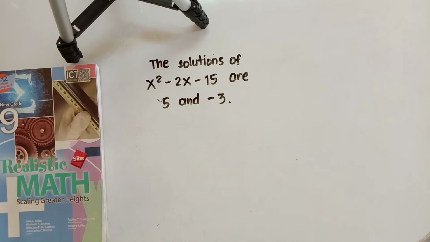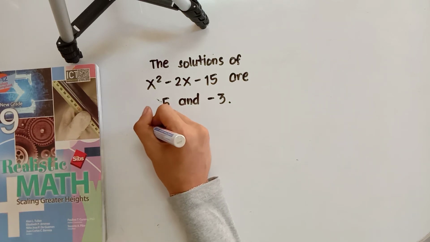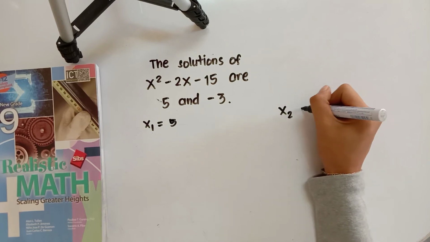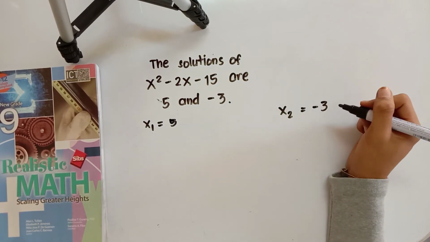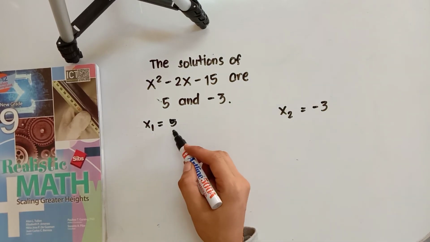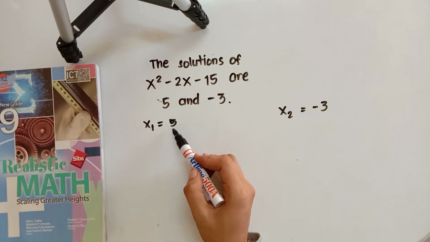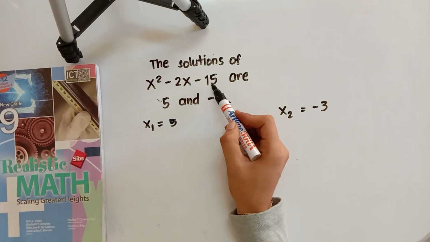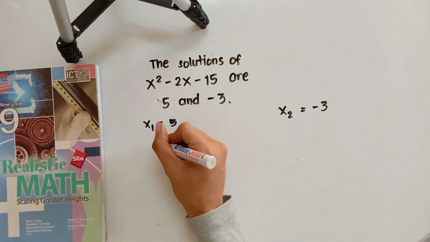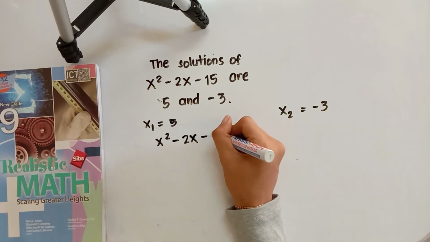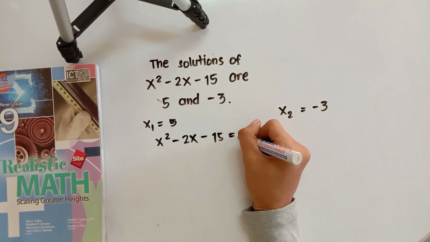Let's check if the two solutions are correct. As we have said, x sub 1 is equal to 5 and x sub 2 is equal to negative 3. In order to check 5 as a real solution, we substitute this value into the original equation, x squared minus 2x minus 15 is equal to 0.